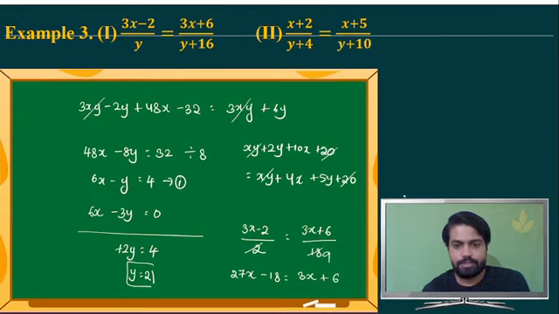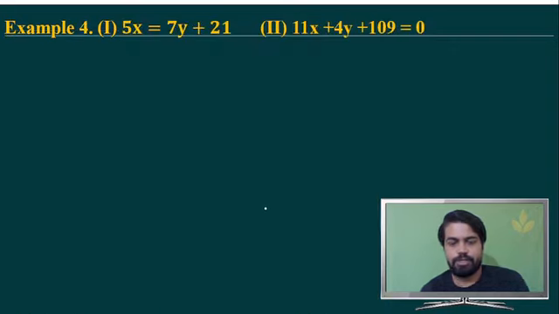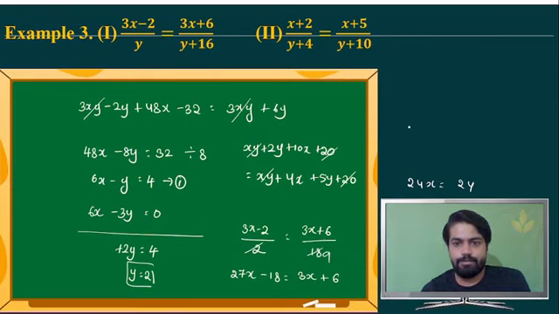So what I get is 24x equal to 18 plus 6, is again 24. So x is equal to 1. Now in this question, x is less than y. So if x is less than y, my answer is option 2.